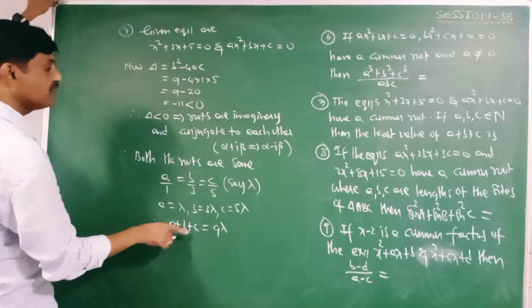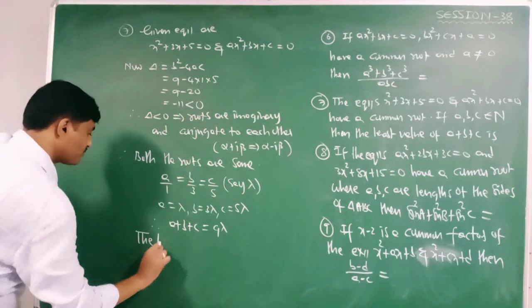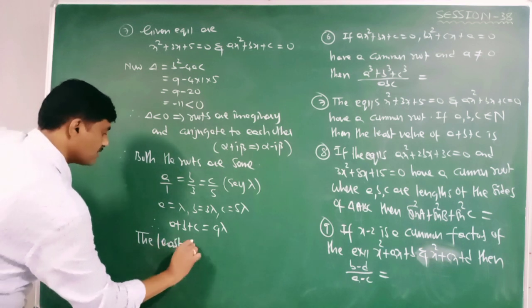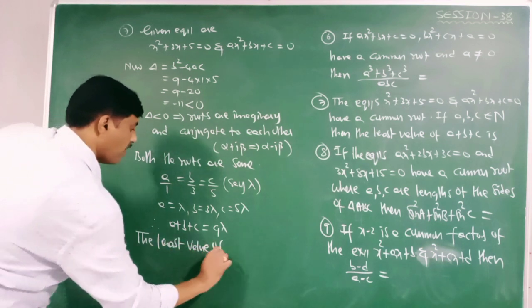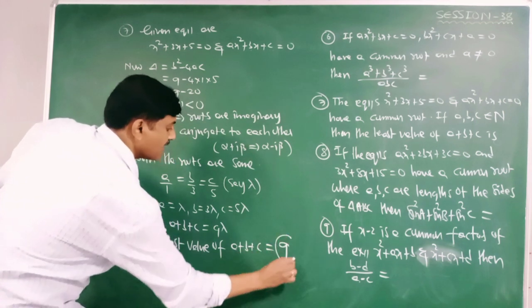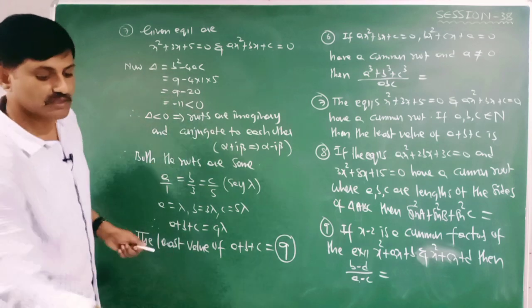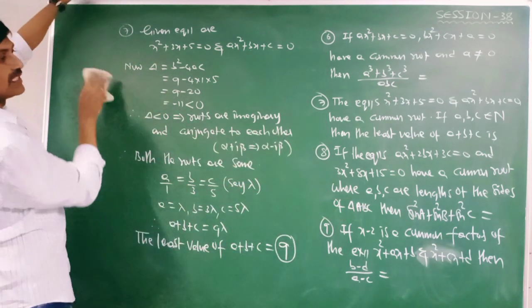Here a, b, c are natural numbers, therefore the least value of a plus b plus c is equal to 9. This is the least value of a plus b plus c.